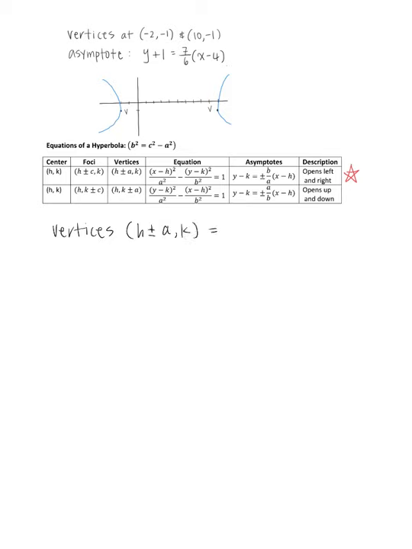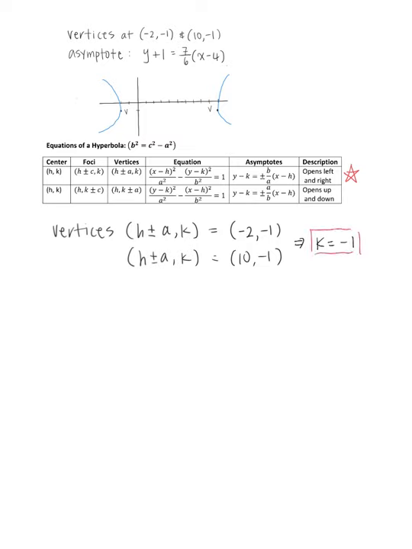This is given, so this whole thing had better equal (-2, -1), and this one had better equal (10, -1). So that means our k is going to be -1. Yay, one value done. Let me write it out: k equals -1, and that's for sure now.